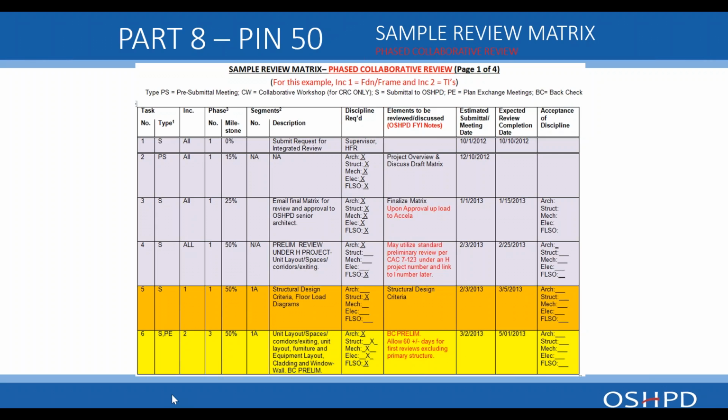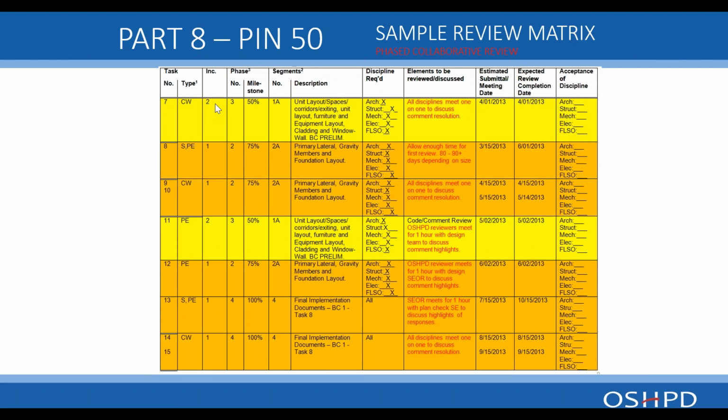You'll see that for increment 2, we scheduled a collaborative workshop.